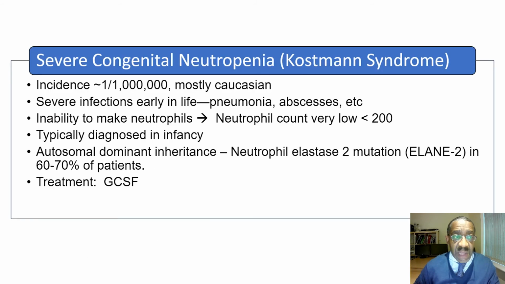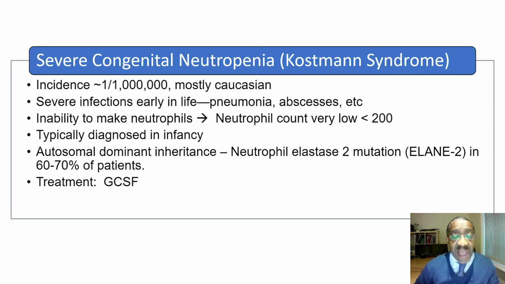At the other end of the spectrum is the severe congenital neutropenia called Schwachman-Diamond Syndrome. This is very rare and even rarer in people of African origin, but it does present very early in life with recurrent pneumonia and abscesses.